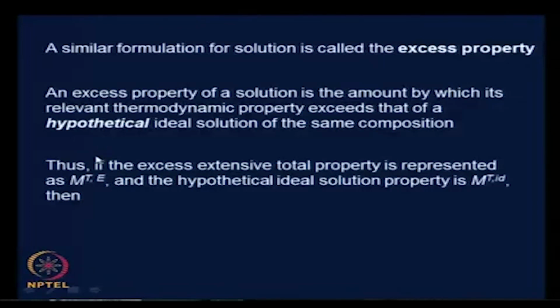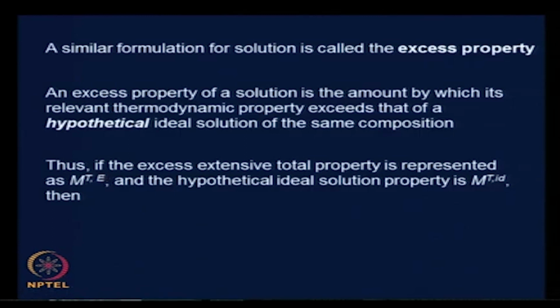Thus, if the excess extensive total property is represented as M^E with the total property M_T, I am going to use the superscript E to denote excess properties, the same way that we had used the superscript R to denote the residual properties for pure substances.